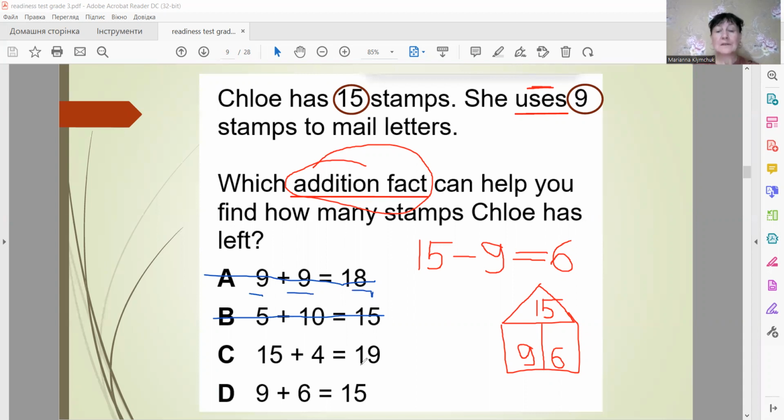Do we have 19 in our house? Do we have 4? No. And the last option, 9 plus 6 equals 15. Do we have the same numbers in the house? Yes. So this is our opposite addition fact to that subtraction fact. This is how we are thinking.